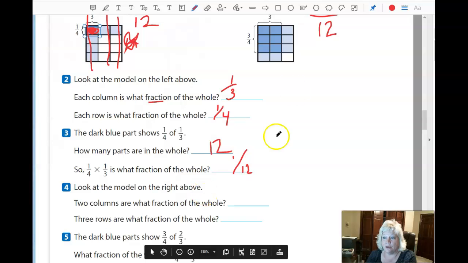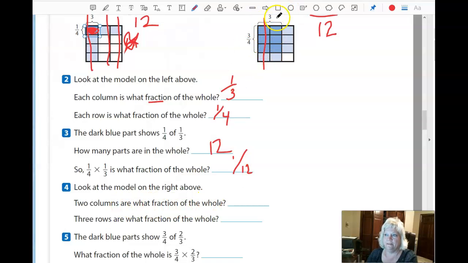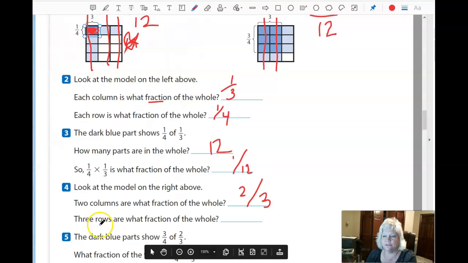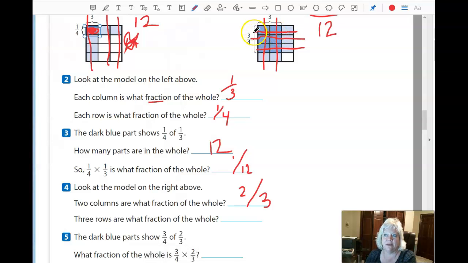Look at the model on the right. Okay, just like what we had already looked at. 2 columns. So we've got this column and this column, and it says, what fraction is that of the whole? That fraction is 2/3. And the 3 rows that are colored in, see how this light blue, they colored that one in, they colored that one in, and they colored that one in. Those are 3 rows out of how many? 4.